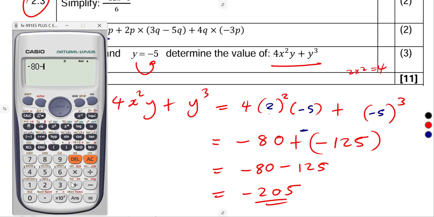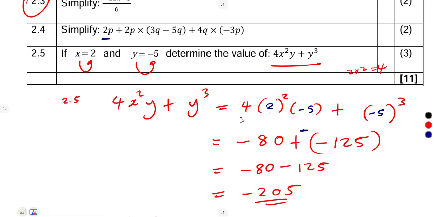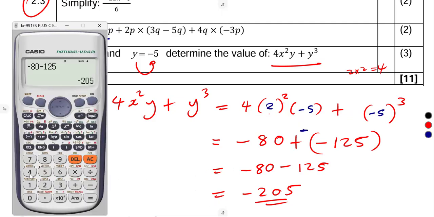You can even use your calculator to verify this. Minus 80 minus 125. All right, or you can even use your calculator on the first stage here to verify: 4 open bracket 2 to the exponent of 2 open bracket minus 5, this one minus 5, you close the bracket. Then there is plus open bracket minus 5, and negative here inside the bracket.